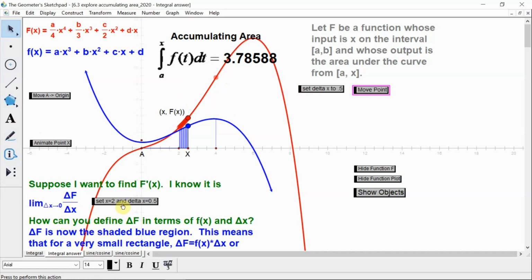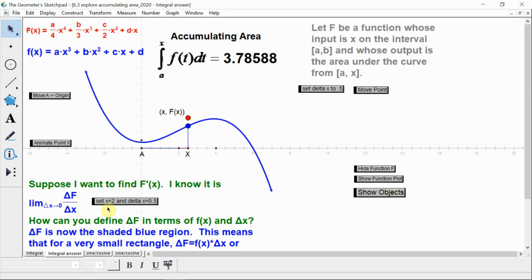So I'm going to go to here. Let me clear this off. I'm going to hide that function for just a second. What I'm doing here is setting the initial x value to 2, and then thinking about a delta x value of 0.5. So if I'm moving from 2 to 2.5, we have accumulated more area here.